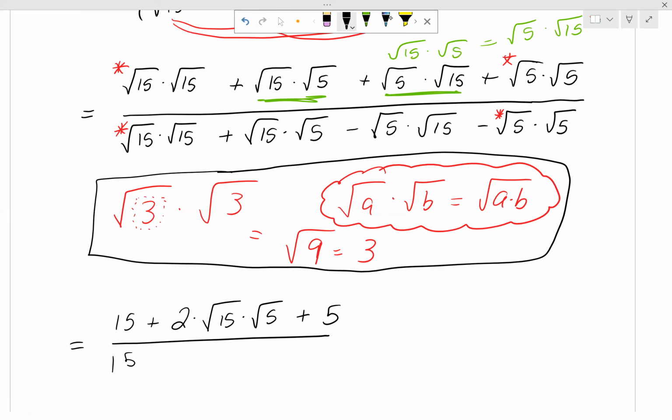And then down here, these two again are equal, but they have opposite signs. So it's like plus 2 minus 2. So we're going to get 0. So this is plus 0. Minus, using my boxed in fact again, I'm going to get 5.